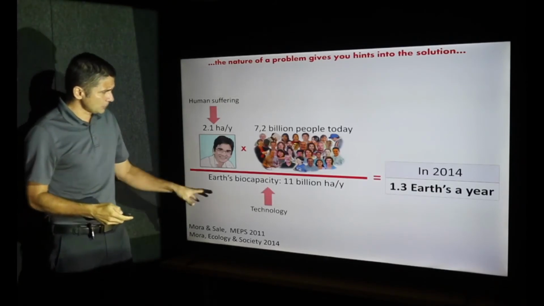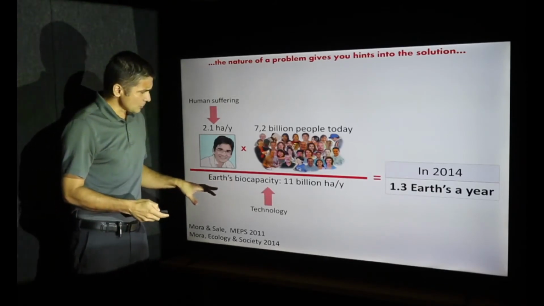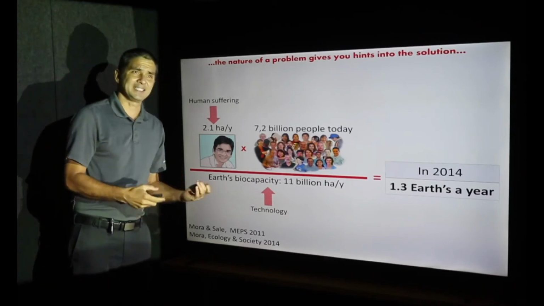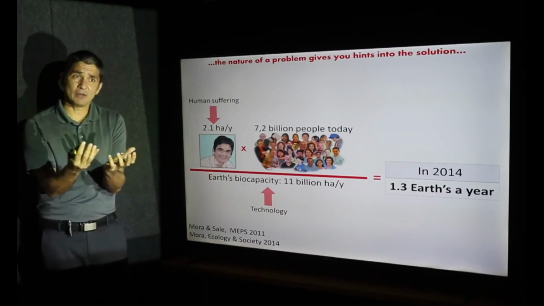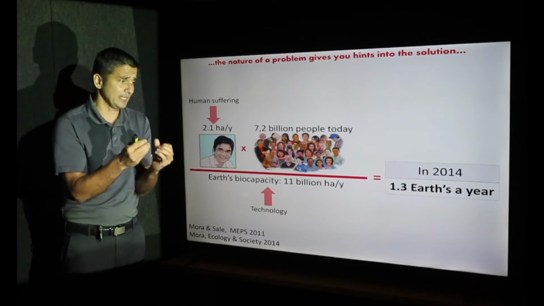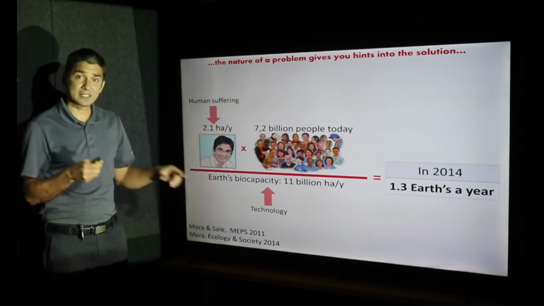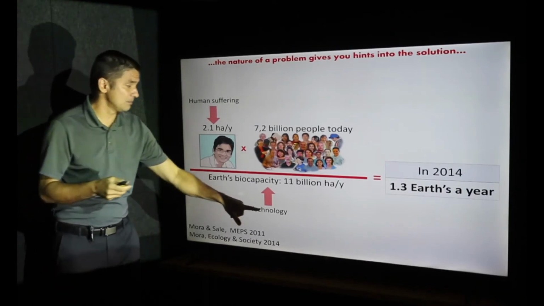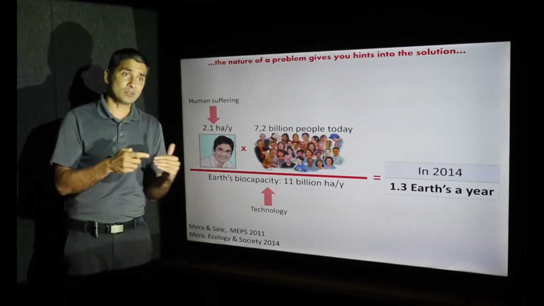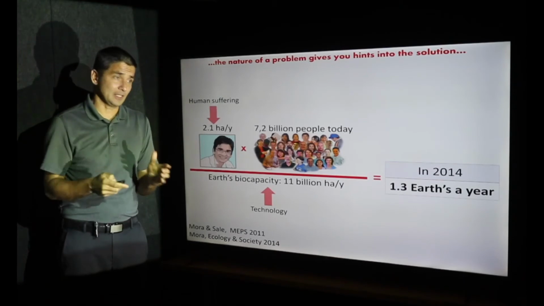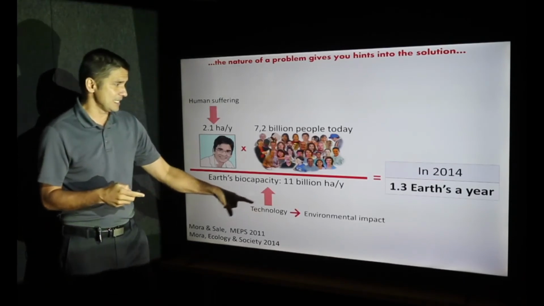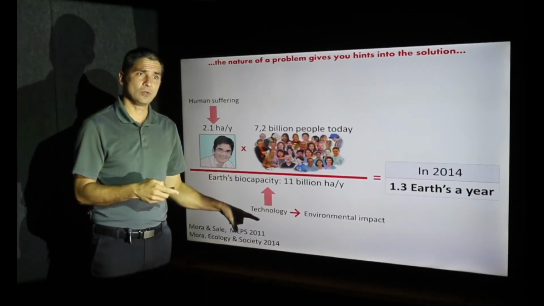Now, the other solution that has been proposed is to increase the Earth's biocapacity. Okay, we already know that we have 11 billion hectares. Let's make those 11 billion hectares produce food like crazy so that we don't have to use more land. Yes, that's totally true, and it's possible, and it can be done via technology, but the other thing that needs to be factored in when we talk about technology is the environmental impact of that technology.